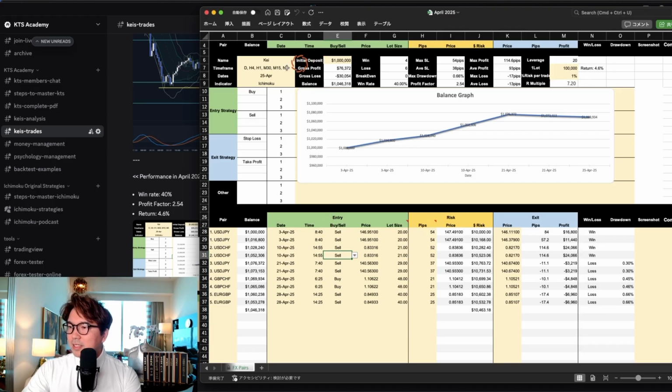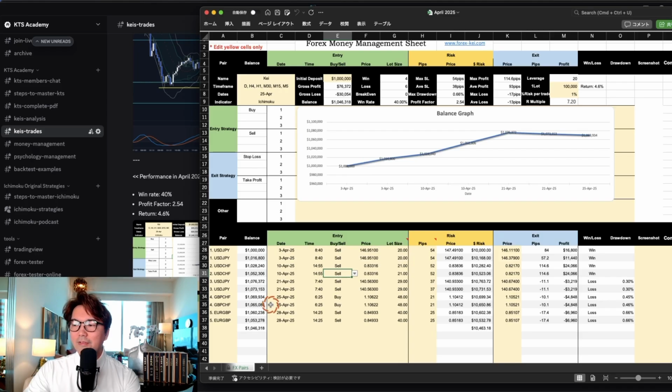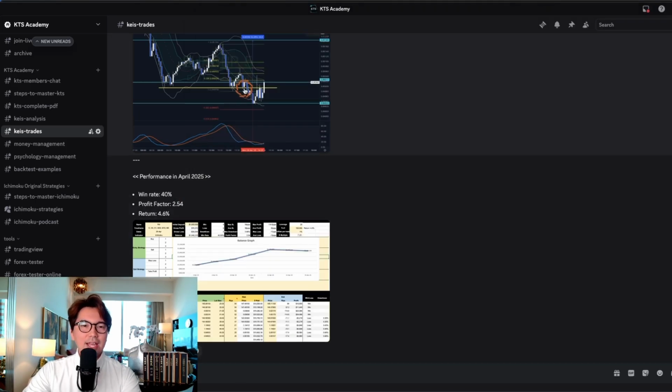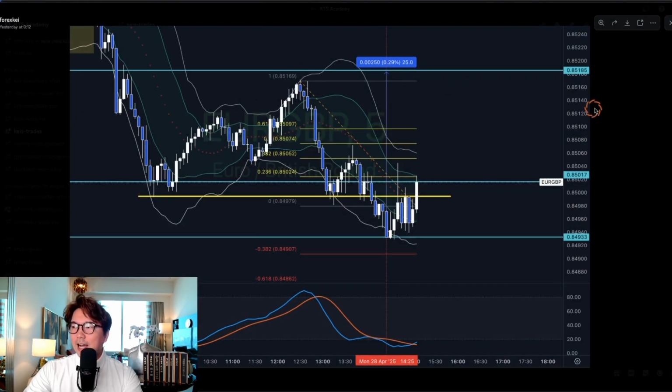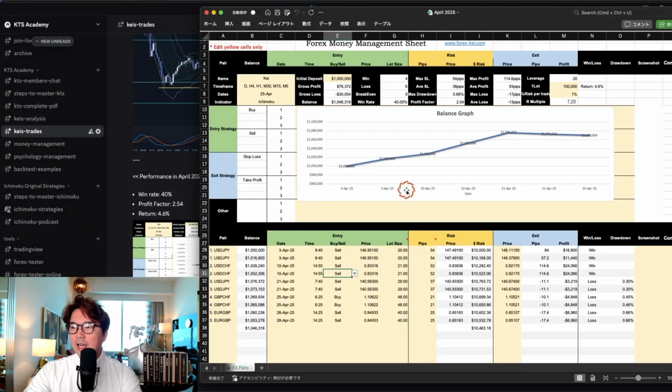This is the spreadsheet I created for myself to track all my records. This is really important. Whenever you enter and exit your trades, you had better track your records, not only by the stats like this, but I also highly recommend taking screenshots of the entries and exits so that you know exactly what you're doing, especially when you look back at your trades next month or a few months later.